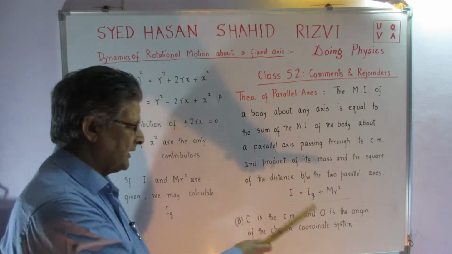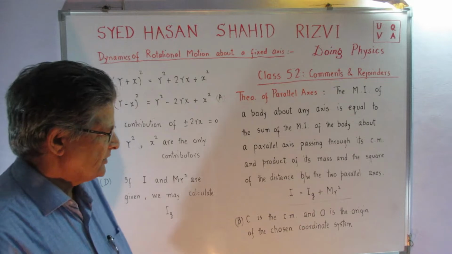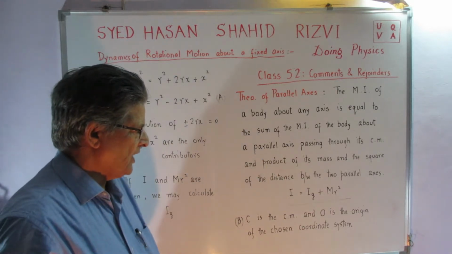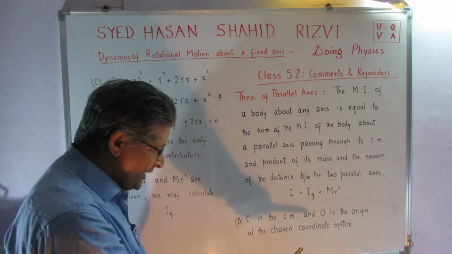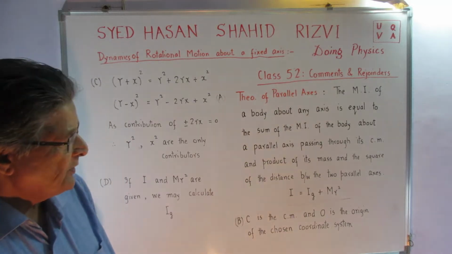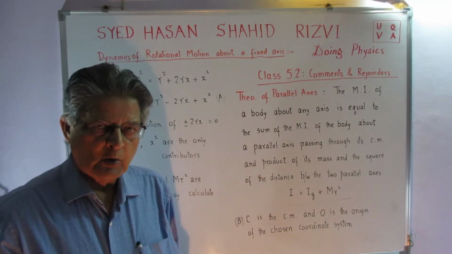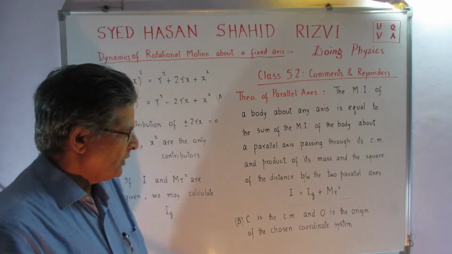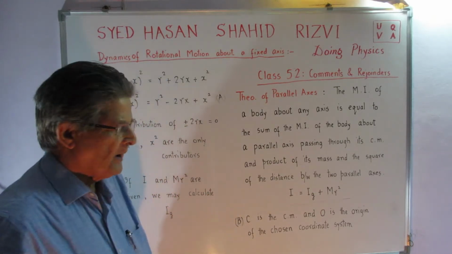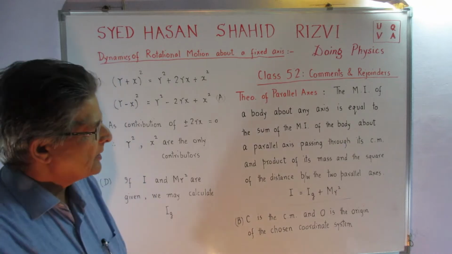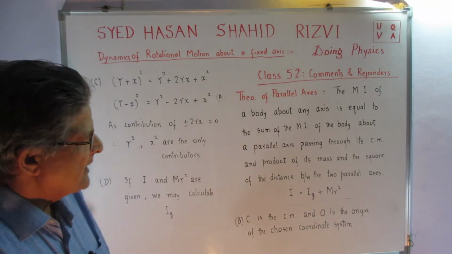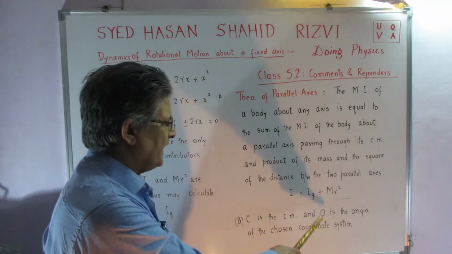But anyway, in the case that we have taken there, the center of mass is inside, and O that has been chosen is the origin of the chosen coordinate system, where the axes are parallel to the axes that we have shown passing through C. So they are parallel sets of axes, and O is different.